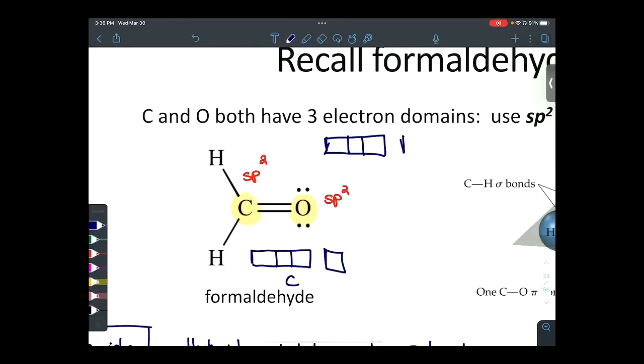Then that means there's 1 leftover unhybridized p orbital, okay? So that's oxygen. Let's fill up our electrons. For carbon, there's 4 electrons: 1, 2, 3, 4. For oxygen, how many electrons are there? 6: 1, 2, 3, 4, 5, 6.